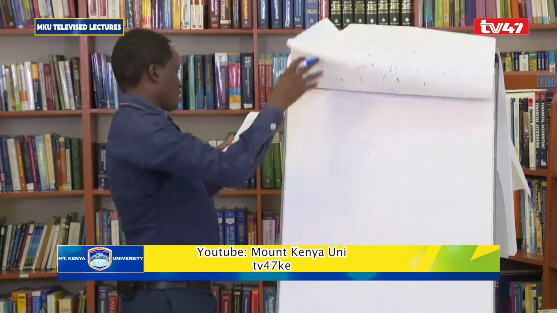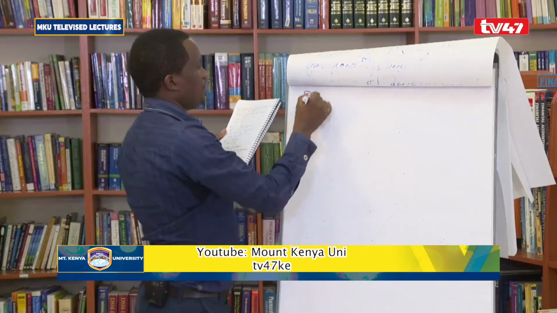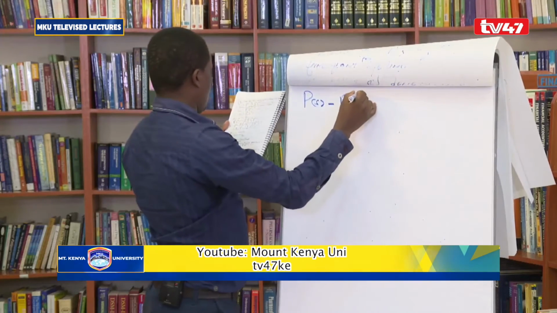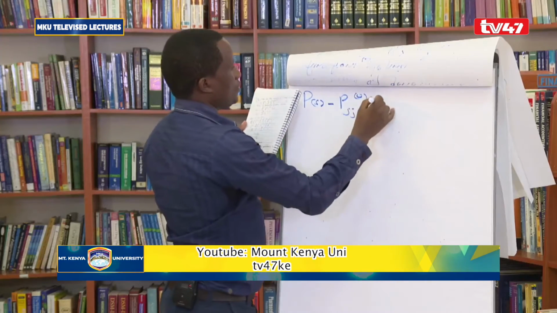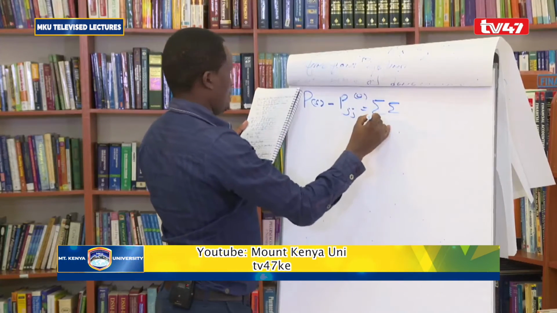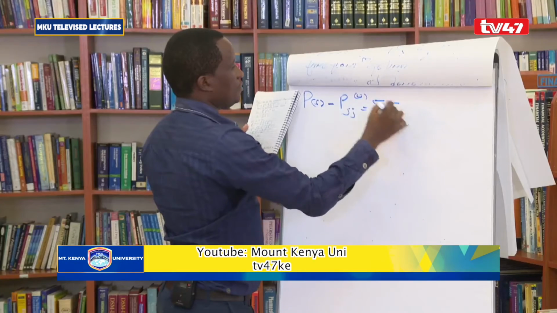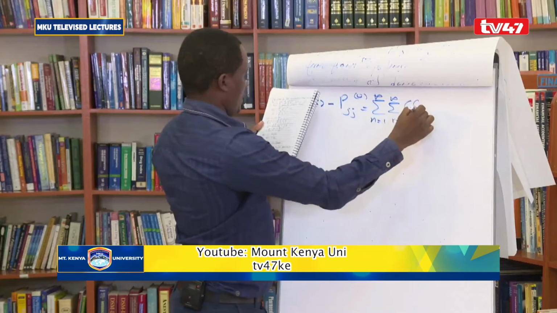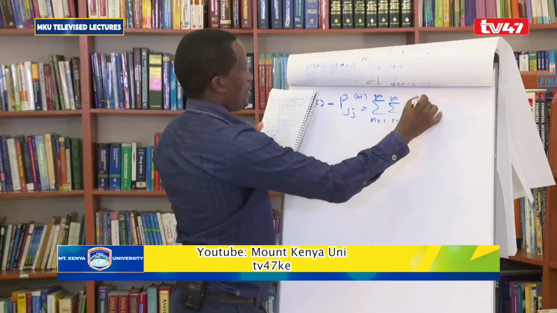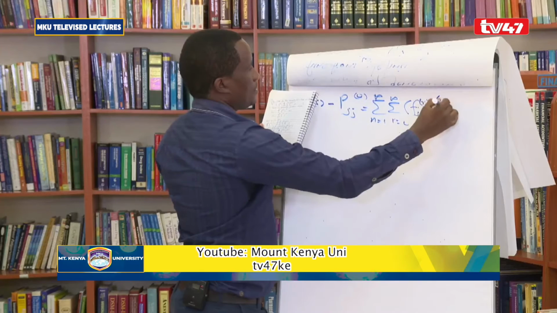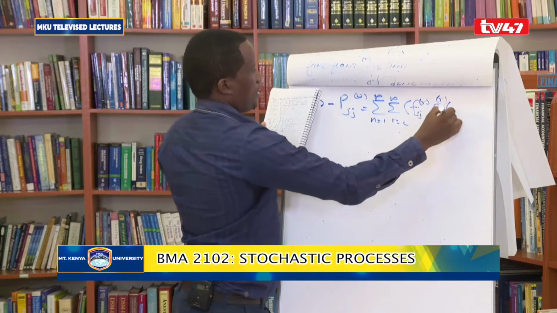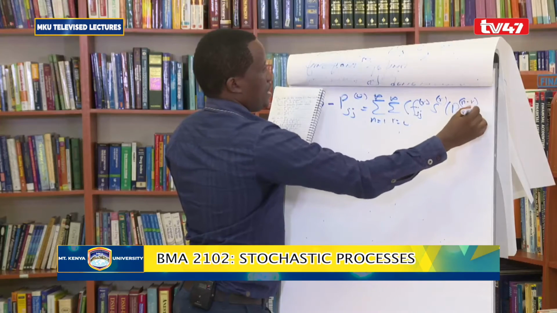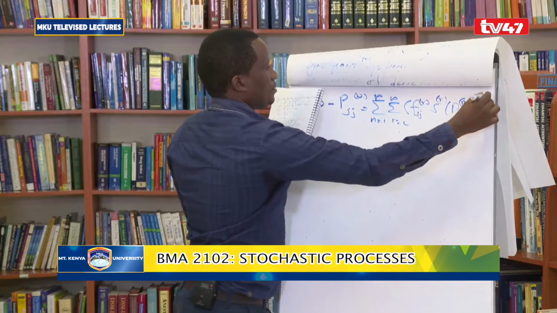This can further be written as P(s) minus p_jj^(0) is equal to the double sum, n from 1 and r from 0, both to infinity, of f_jj^(r) s^r p_jj^(n-r) s^(n-r).